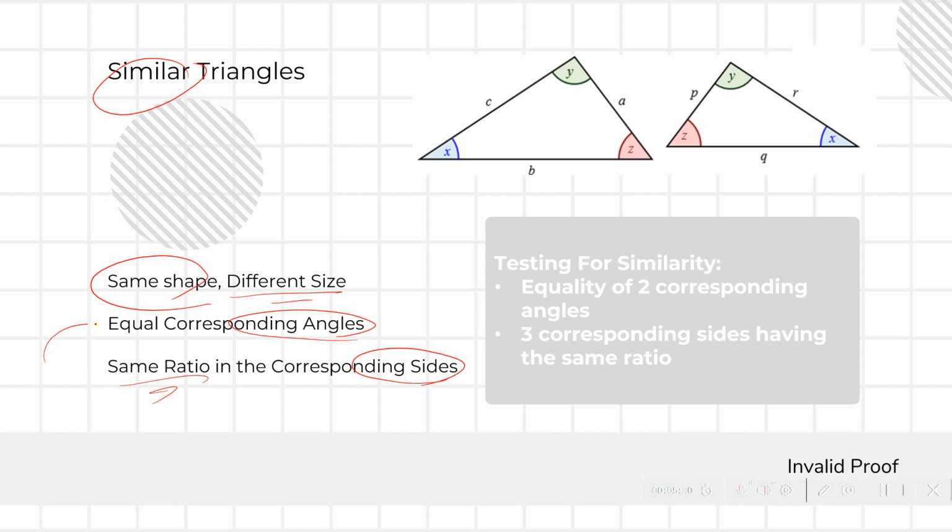What it means is that, first of all, these angles are the same. So if this is y as well, this is x as well, and this is z as well, they have the same angles.